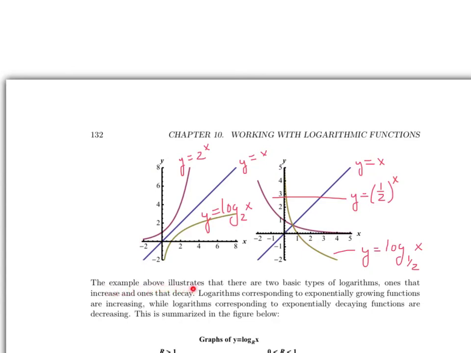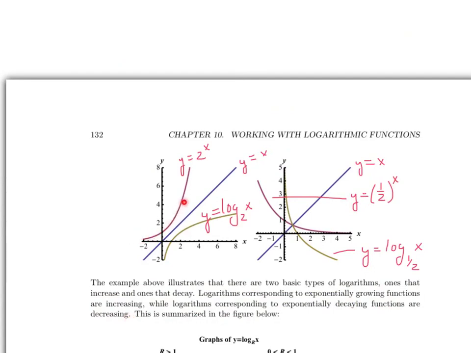The example above illustrates that there are two basic types of logarithms, ones that increase, like this one, and ones that decay, like this one. Logarithms corresponding to exponentially growing functions are increasing, while logarithms corresponding to exponentially decaying functions are decreasing.